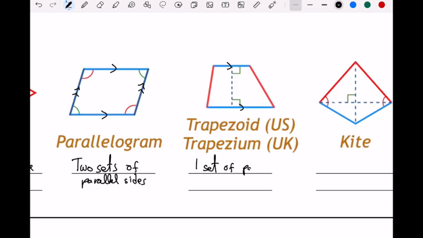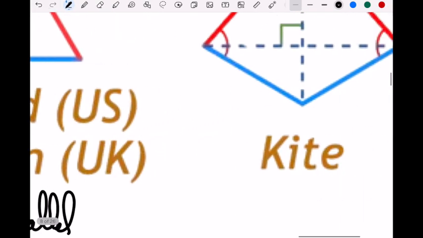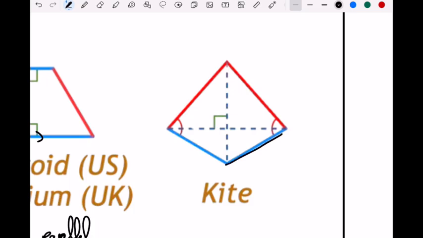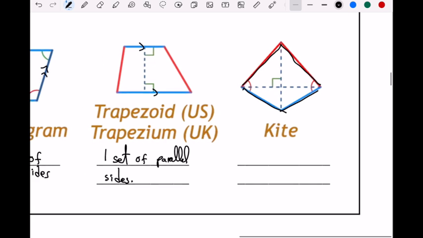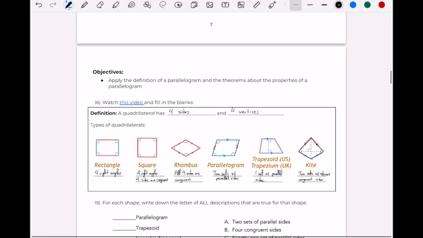So in a trapezoid, I have only one set of parallel sides. And a kite, as we call them in Mexico, a papalote, has two sets of adjacent congruent sides. Like, this is the same as this, and this is the same as this.